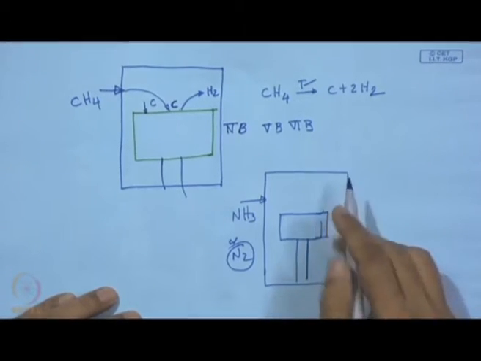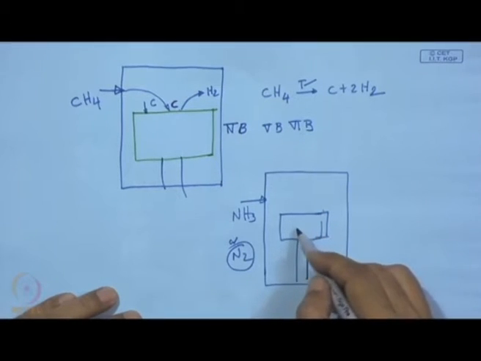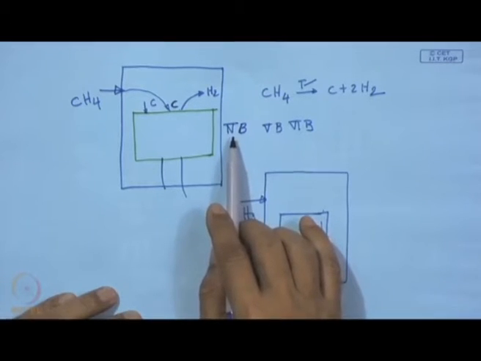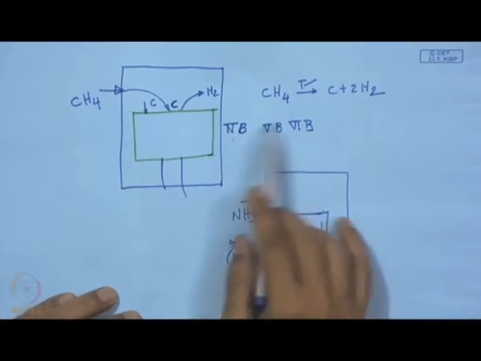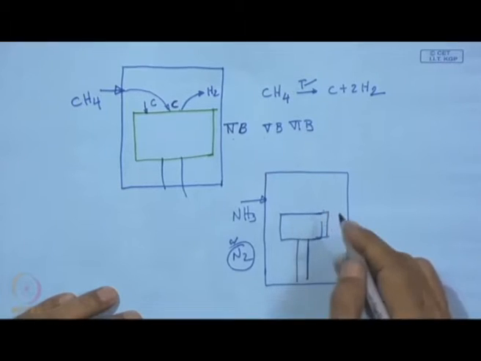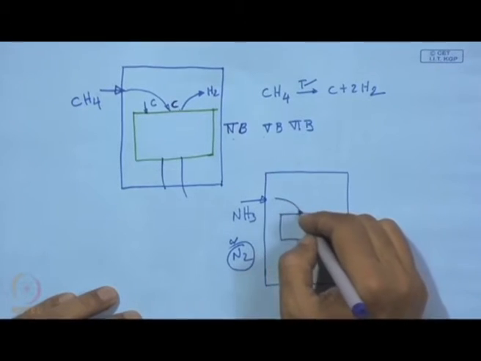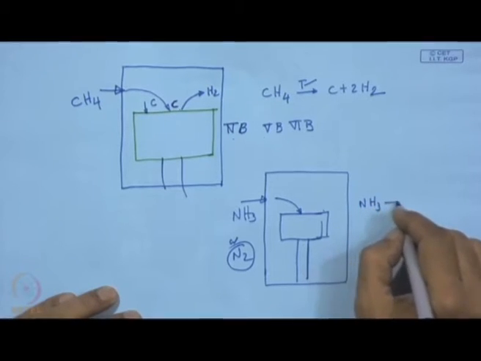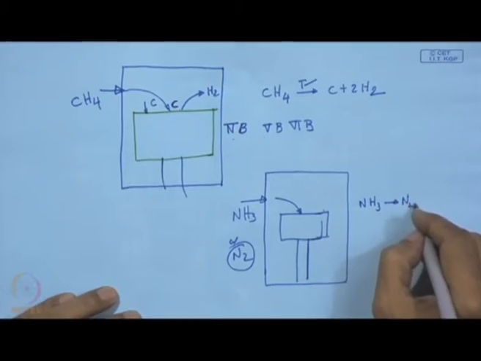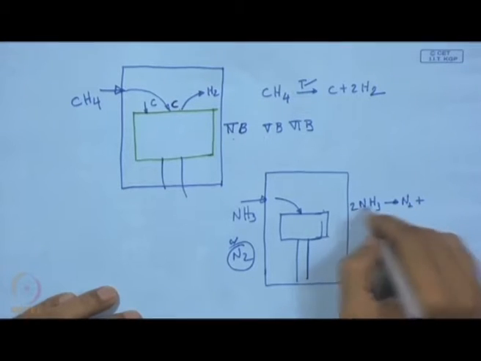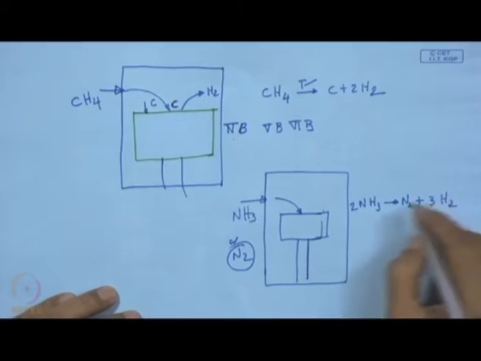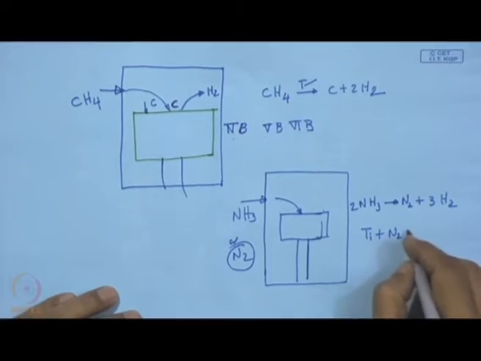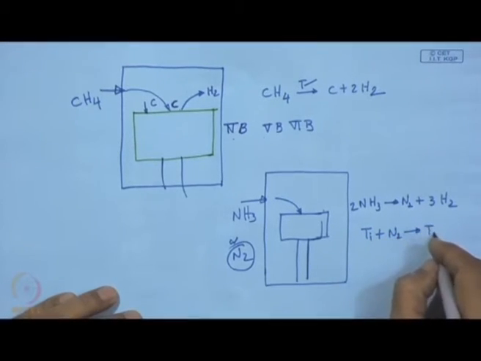Again it is the same principle: when these materials have certain nitride formers, which are from group 4b, 5b and 6b transition elements, from there we can also have this NH3. So, here NH3 will split into nitrogen and 3H2, and this nitrogen with titanium is definitely going to make titanium nitride.